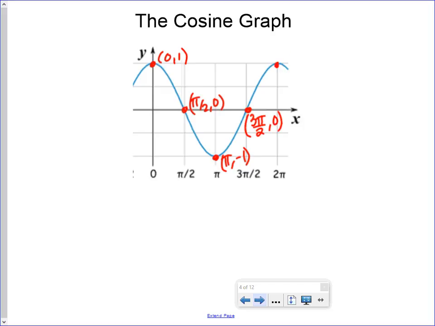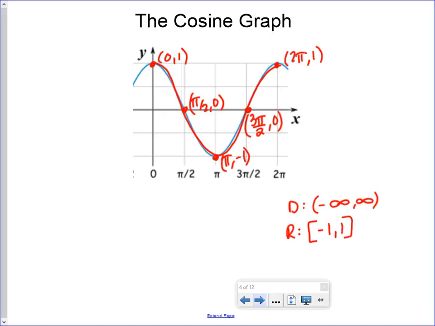Okay, so again, these things are probably already in your notes from yesterday. I don't think you necessarily have to redraw them, but we're making connections because these are what we would consider our parent graphs. So all the transformations that we look at in our framing method are transformations of these graphs.